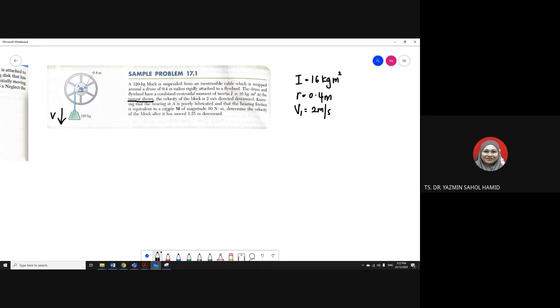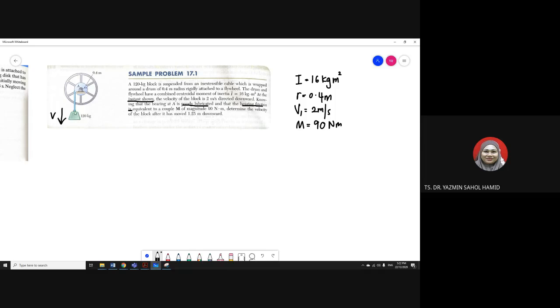Knowing that the bearing at A is poorly lubricated, and that the bearing friction is equivalent to a couple moment of magnitude M. So they have given M as a hint: the bearing is poorly lubricated and there is bearing friction. So it means it must be in the direction opposite to the direction of the wheel.